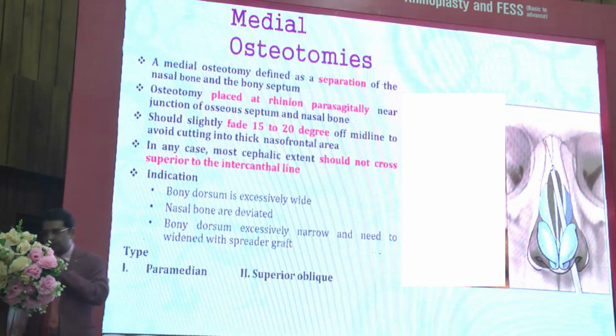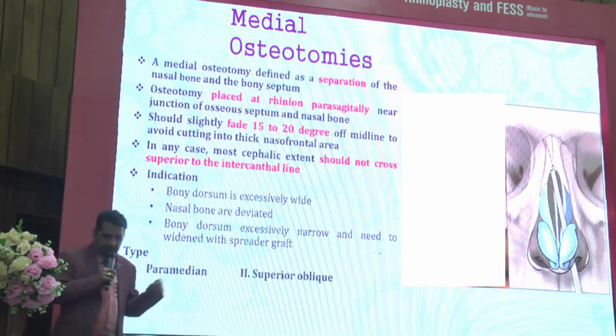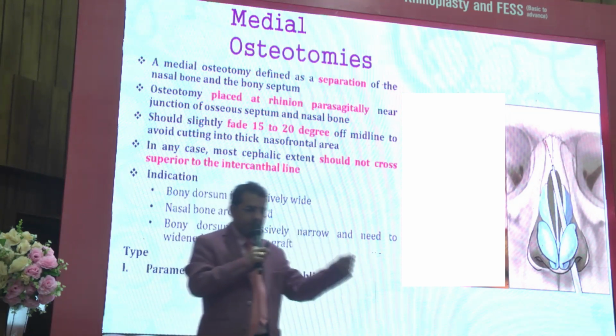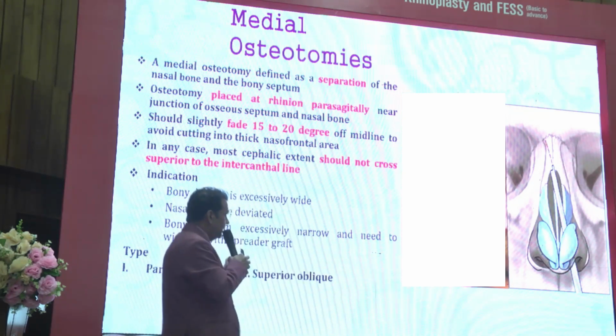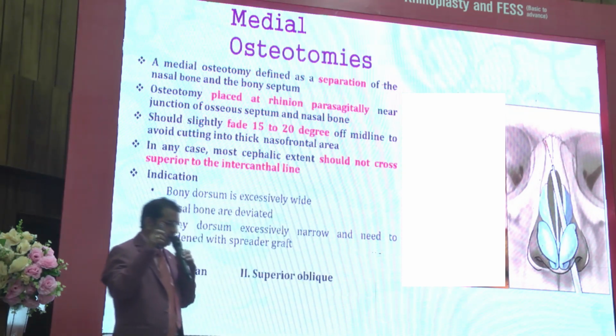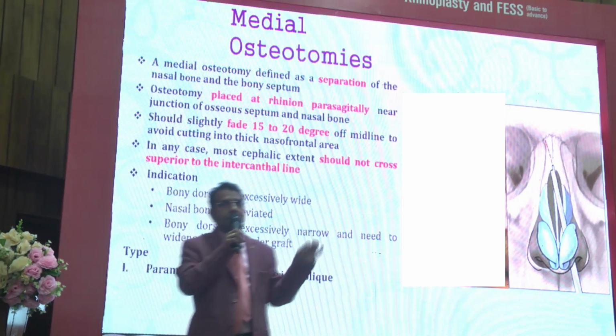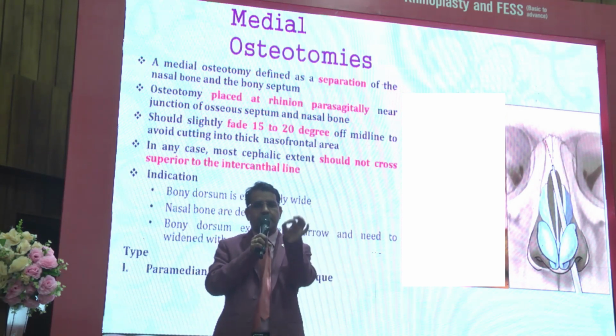Now the medial osteotomies, because many times my beginner friends get confused regarding the median and the paramedian. When you use the paramedian osteotomy, the important thing is which osteotome you use: the 3 mm osteotome.